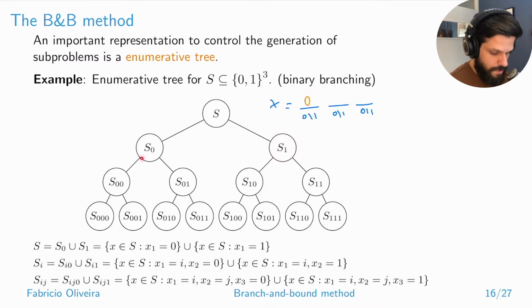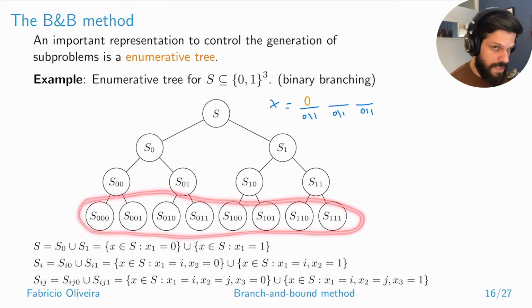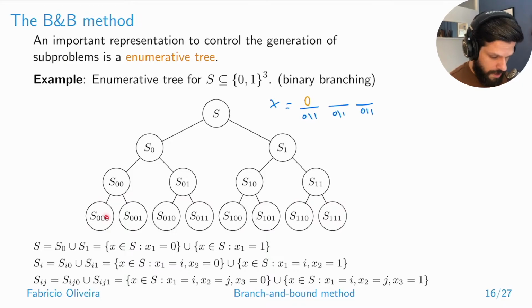And then you can open this now looking at the second component, and if you open the third component, then you don't have anything else to do, but you end up with these 8 leaves, each of the leaves representing a feasible solution for our original search space.